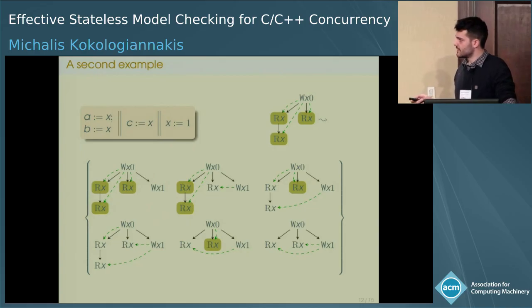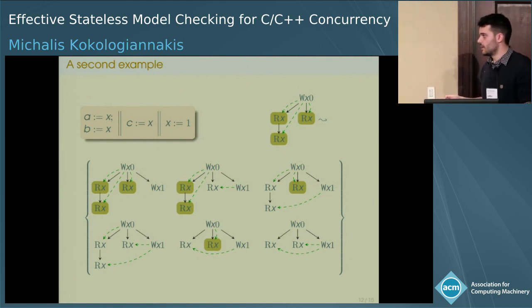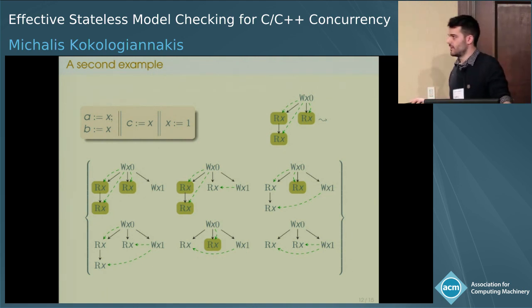So one point is that, for example, in the execution where the read to A is revisited, which is this execution on the bottom, this read will be revisited to read 1, where it was reading a 0 on the execution on the top. So in this execution, this read is removed from the revisit set.